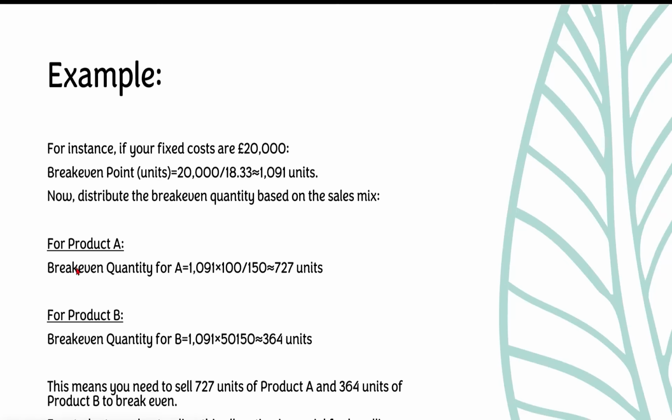For product A, the break-even quantity is: we will take the BEP units and multiply with the units of product A sold, divided by the total number of units of both the products, that is 150 in our case. In this way we can bifurcate this BEP unit among the products. This means we need to sell 727 units of product A and 364 units of product B.